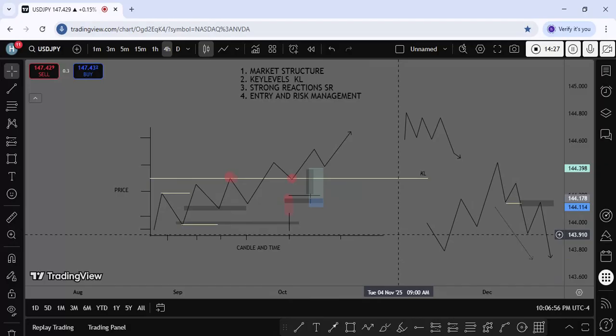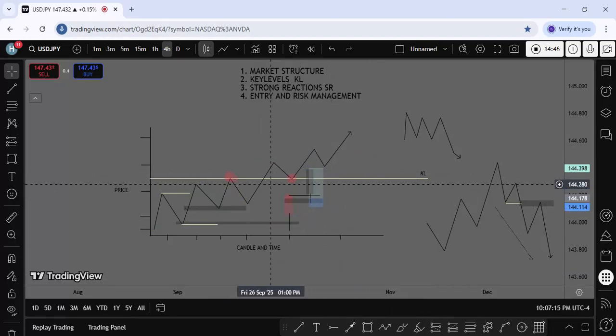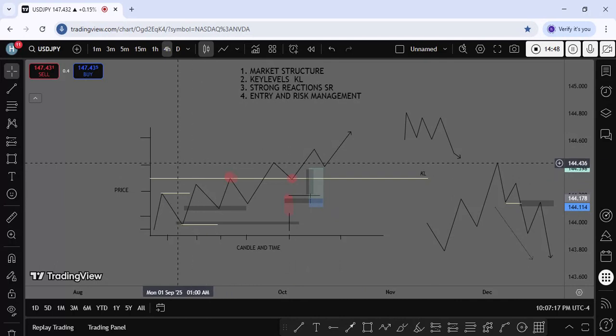So you target the nearest opposite key level or use risk reward. You can target the next opposite key levels. So that means we can target from this key level to this key level. For instance, let me mark another new key level for us. This is another key level.